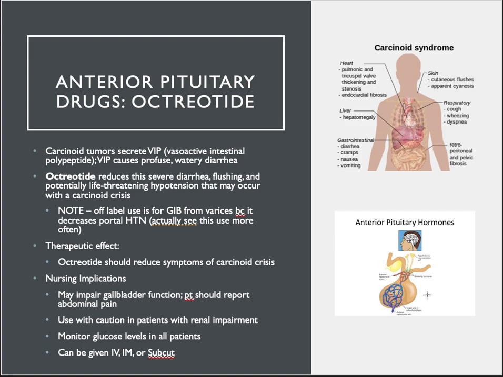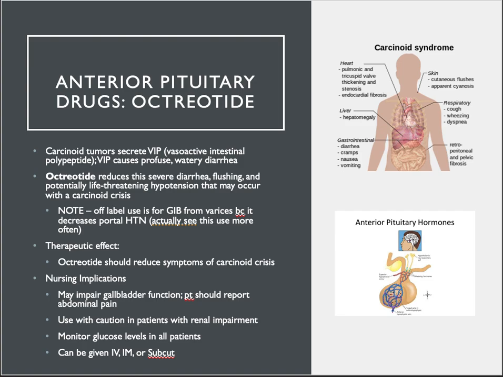Now, what VIP does is it causes a lot of profuse watery diarrhea. Octreotide actually reduces it for somebody who is having this crisis. Now, one of the off-label uses for Octreotide is actually for GI bleeds, and that's because it decreases portal hypertension, okay?